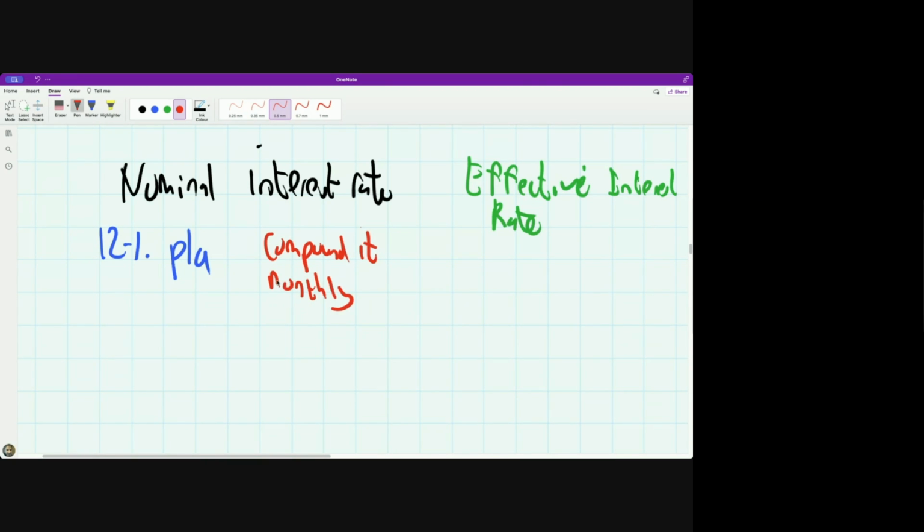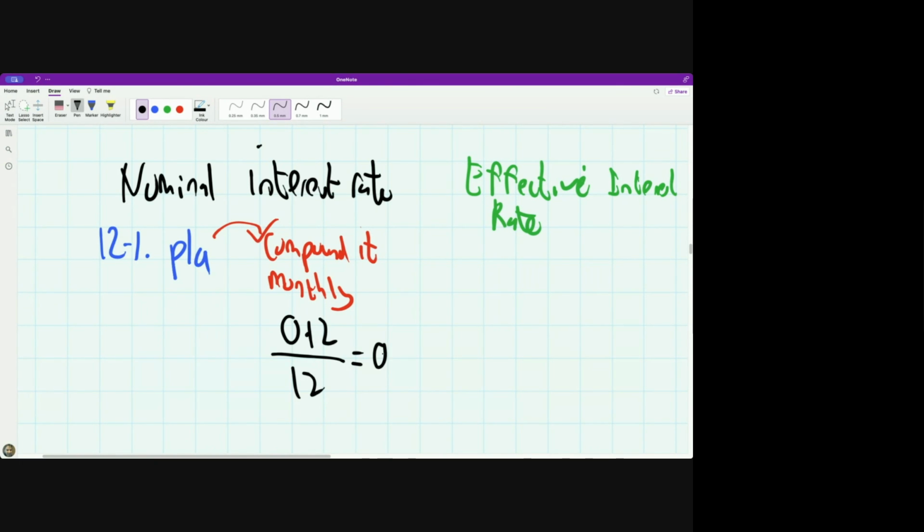Compounding monthly has an effect. If you go from 12% per annum, and that's the rate, but now you compound it monthly, what you're doing is not adding 12% once a year. You're taking that 12%, chopping it up into months, and doing that 12 times.